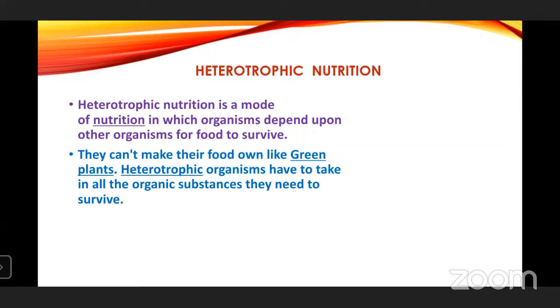The process of photosynthesis is very complex; there are several steps in it and several intermediate compounds are formed. So they are all autotrophic living organisms. Heterotrophic organisms have to take in all the organic substances they need to survive.